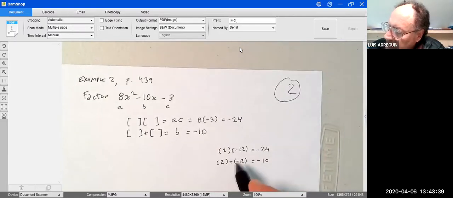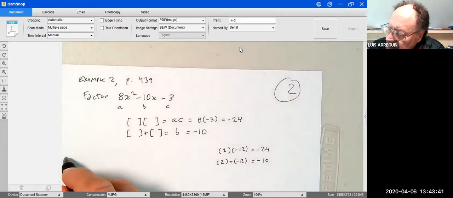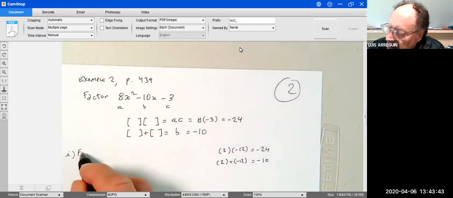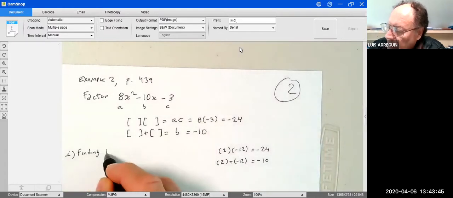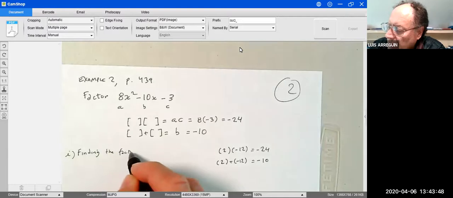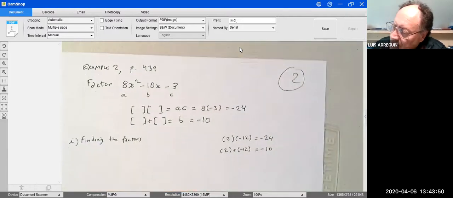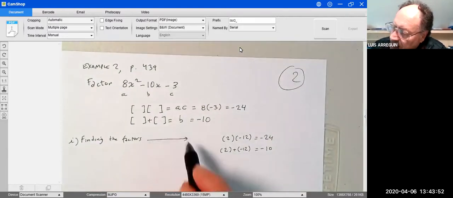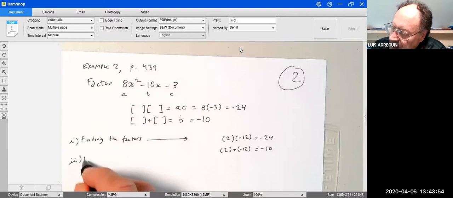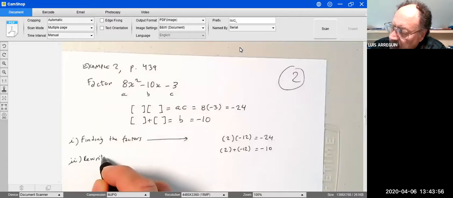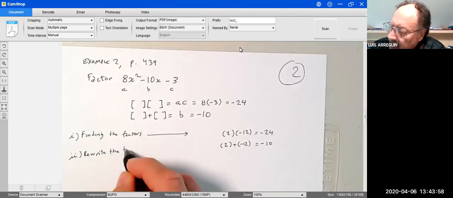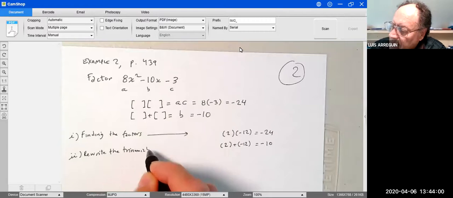So I have my candidate, so I'm going to be able to rewrite the middle term. First I found the factors. Now I'm going to rewrite my trinomial by breaking the middle term.